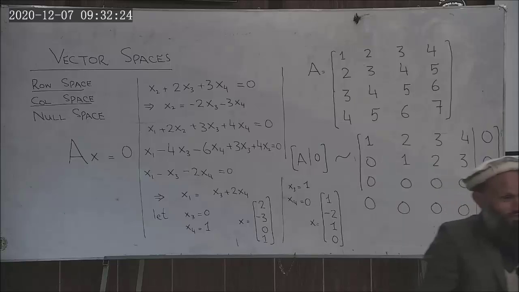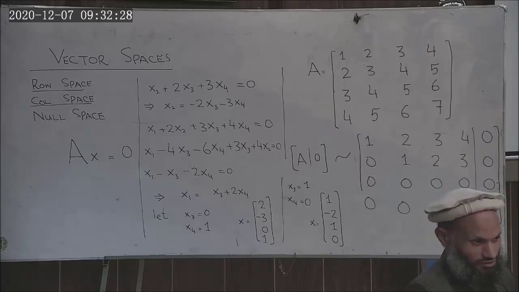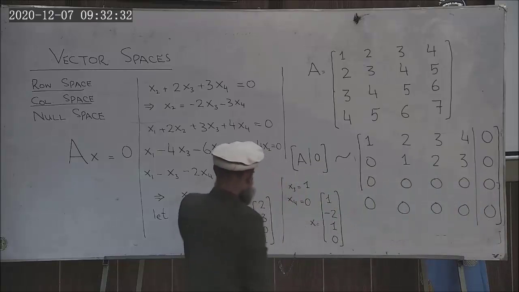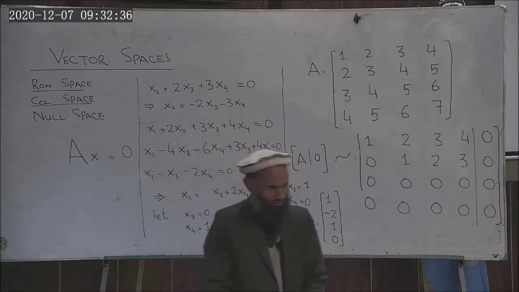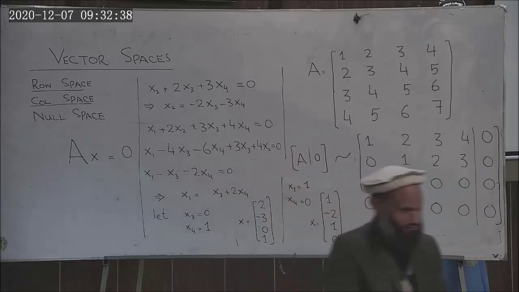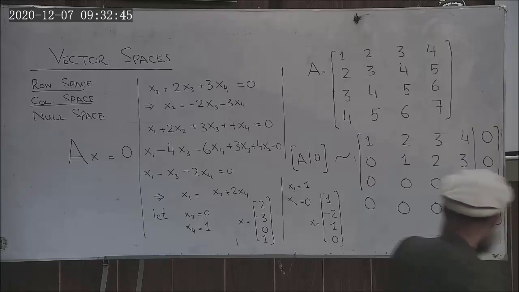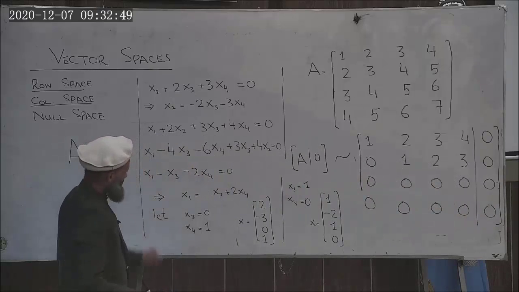So there are infinite solutions to this system of equations. We have found two solutions which are linearly independent column vectors. Any linear combination of these two vectors will also be a solution to this system of equations.